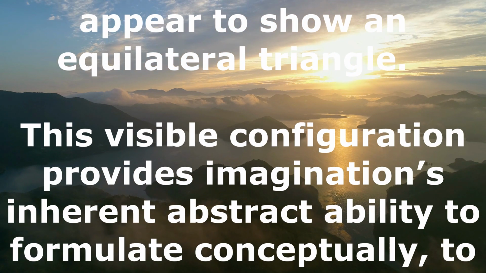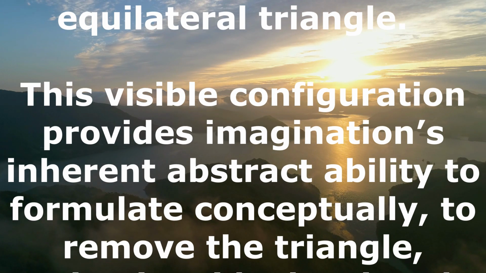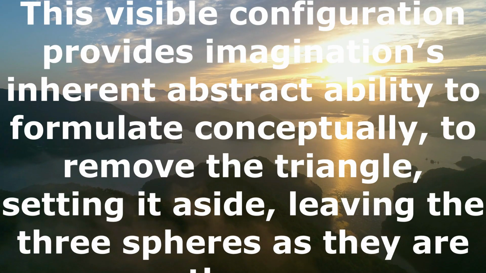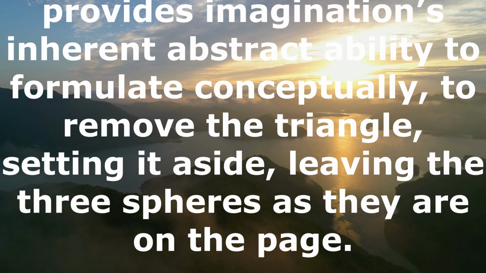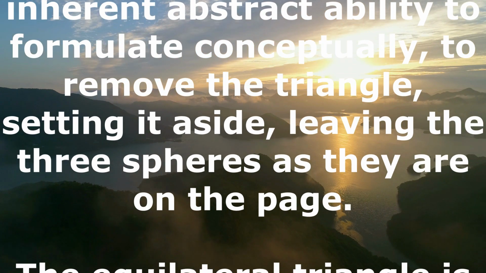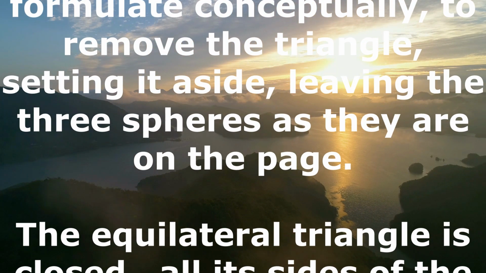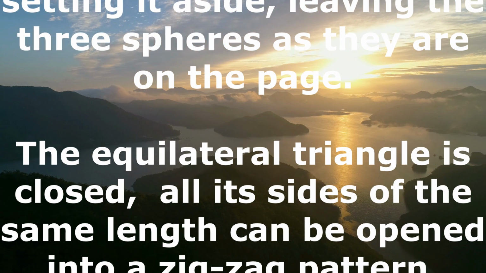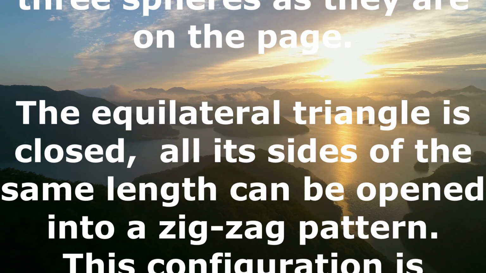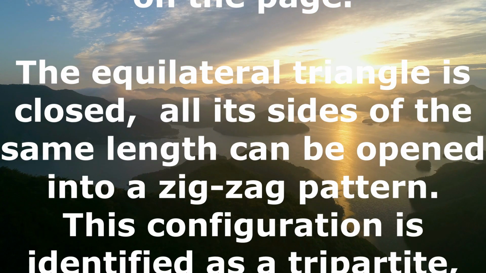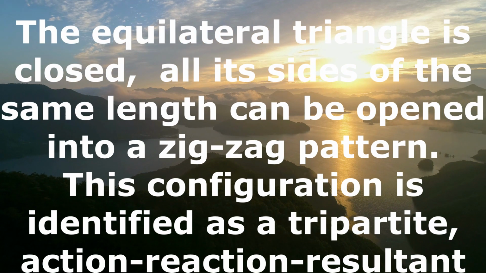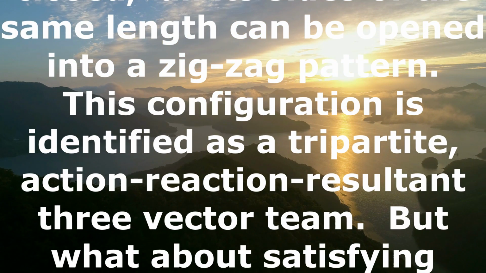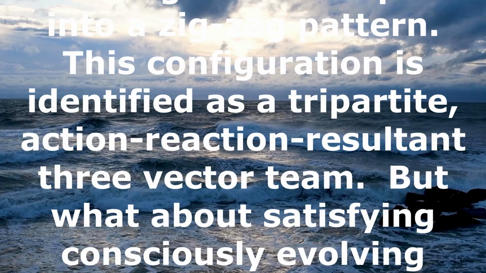This visible configuration provides imagination's inherent abstract ability to formulate conceptually, to remove the triangle, setting it aside, leaving the 3 spheres as they are on the page. The equilateral triangle is closed. All its sides of the same length can be opened into a zigzag pattern.